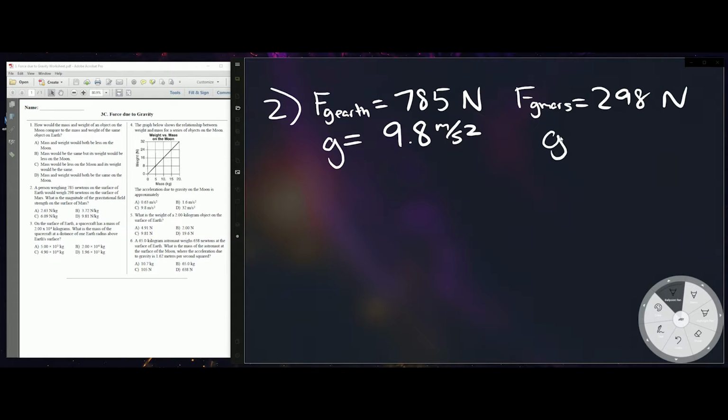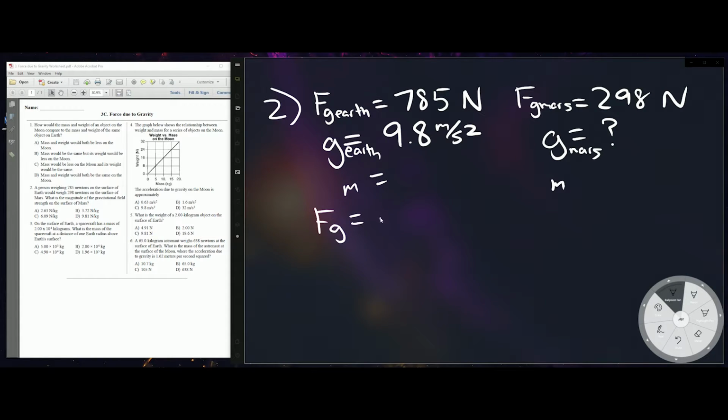But we want to find out what that is on Mars. If we know our mass doesn't change, the mass on Earth equals the mass on Mars. Your mass doesn't change. So let's figure out what mass is first.